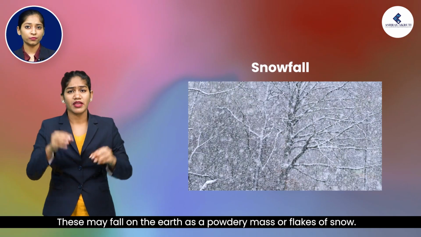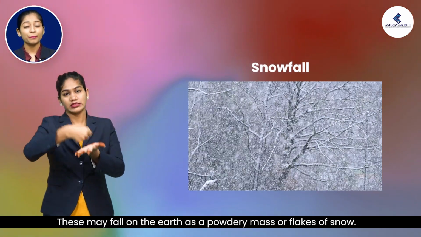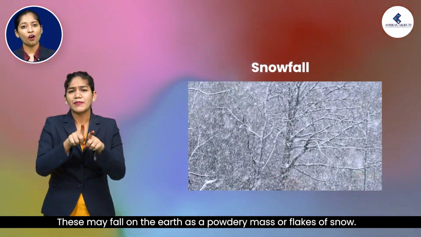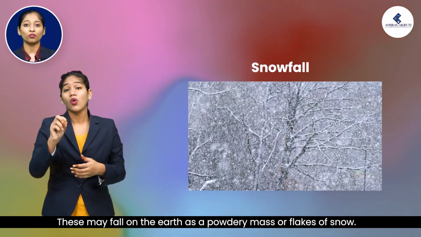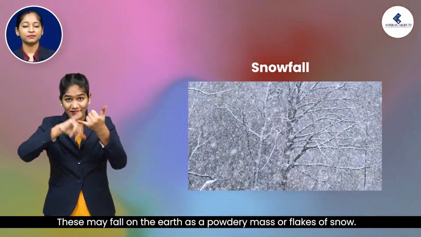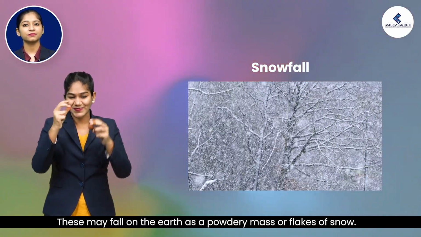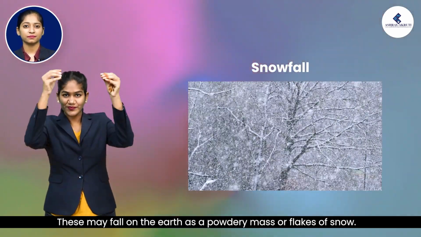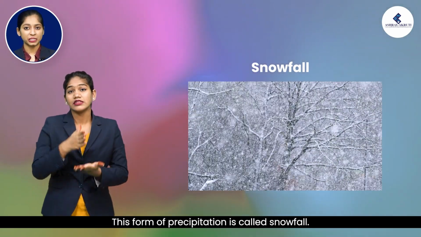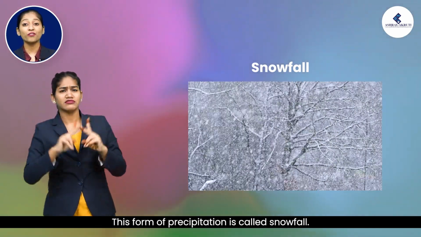These may fall on the earth as a powdery mass or flakes of snow. This form of precipitation is called snowfall.